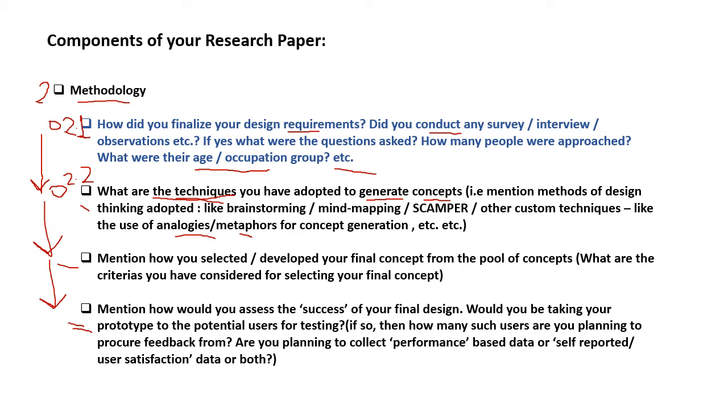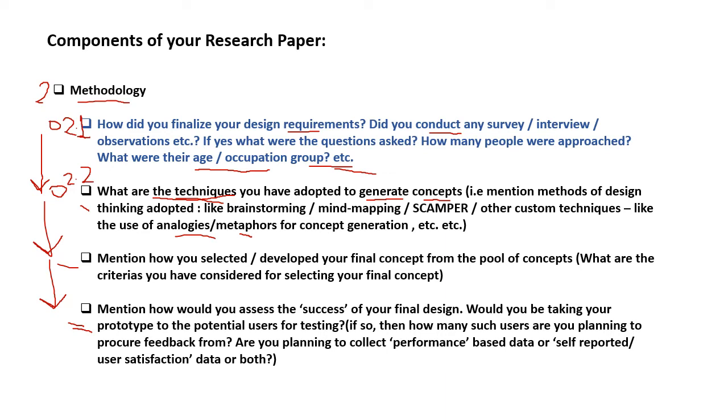Okay, but if you have, on the other hand, taken quite a bit of time to make your questionnaire, and you have also conducted it in a series of rounds so as to get more quality data from the users, then obviously you can mention it as a part of your methodology section, right?